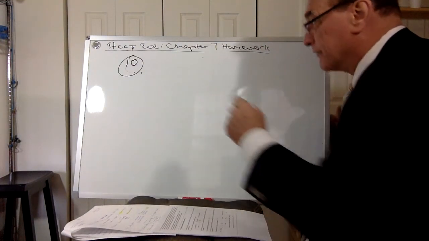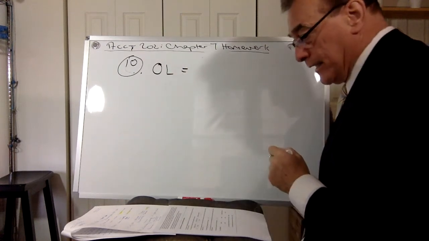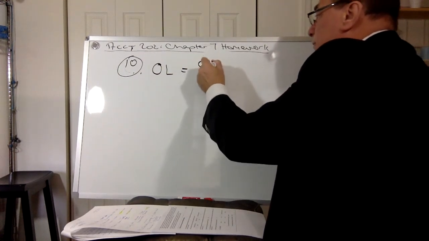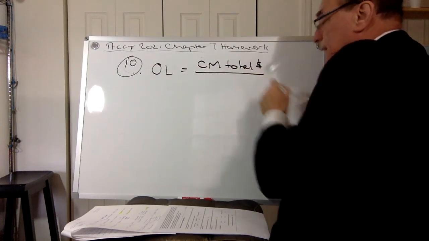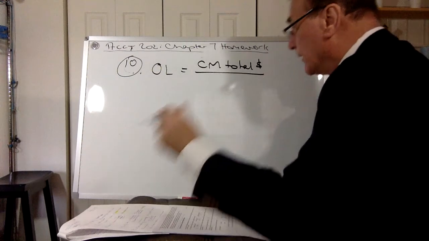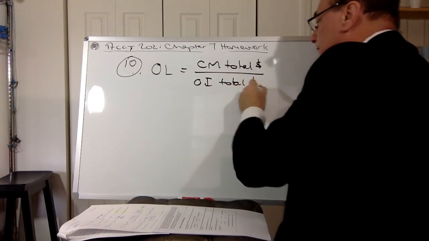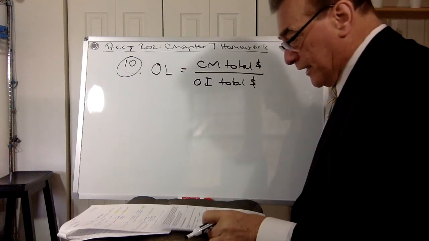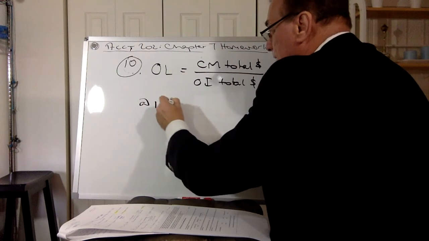Okay, so the operating leverage formula, so OL equals the contribution margin in total dollars divided by the operating income in total dollars. So it tells us that they're going to do it at 12,000 tickets.